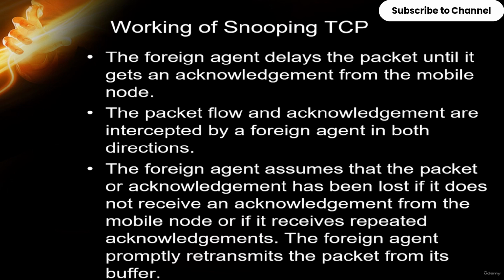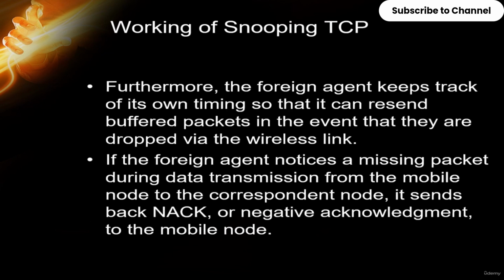And if the acknowledgement is lost, or any acknowledgement is not received, or there are repeated acknowledgements, the foreign agent transmits the particular packet from the buffer. The foreign agent also has some timings: within a particular time, if the transaction has not succeeded, it can resend the buffered packets to the wireless link.